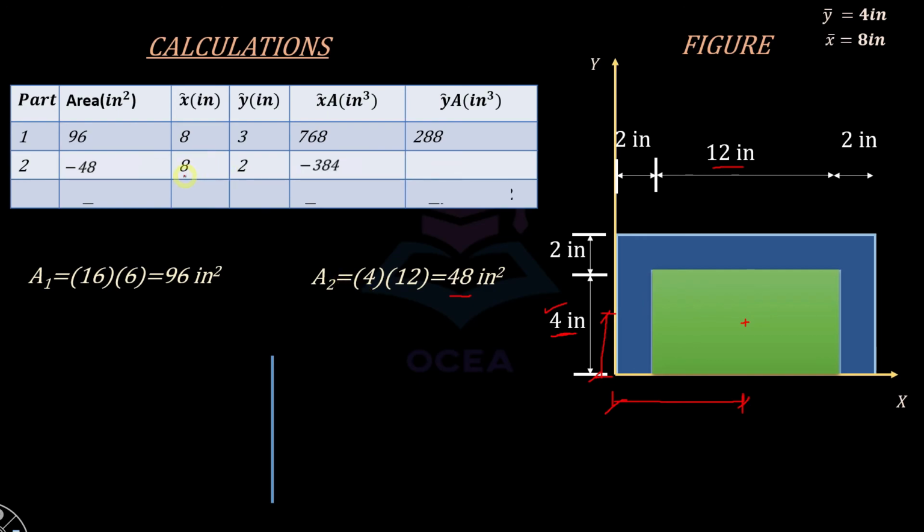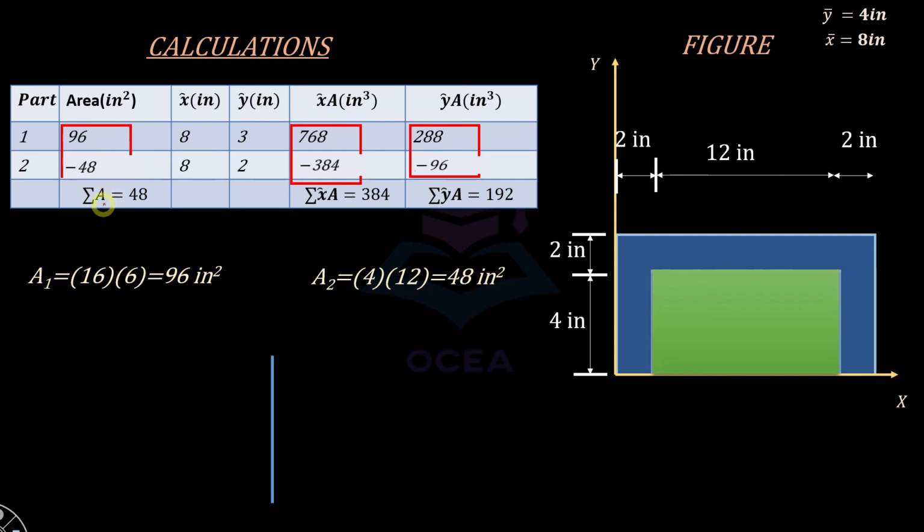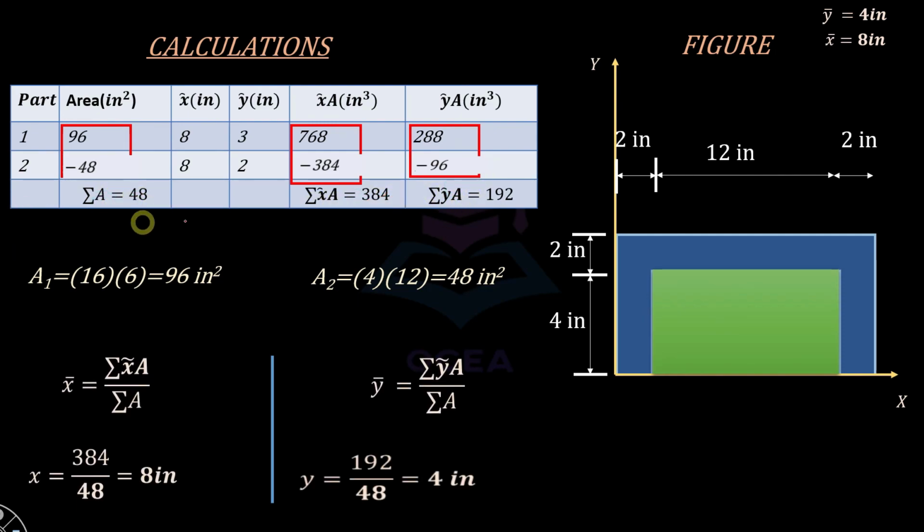And if I multiply x into a, I am going to obtain 384, and y into a would give me 96. And similarly, if I sum up these columns, I am going to obtain these values. And if I plug in all of these values here, I obtain x equals 8 inch and y equals 4 inch, which are the same answers that we were getting in the first approach.